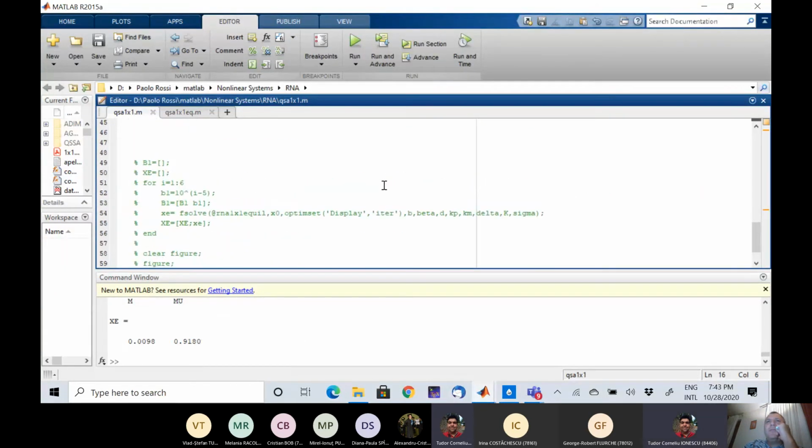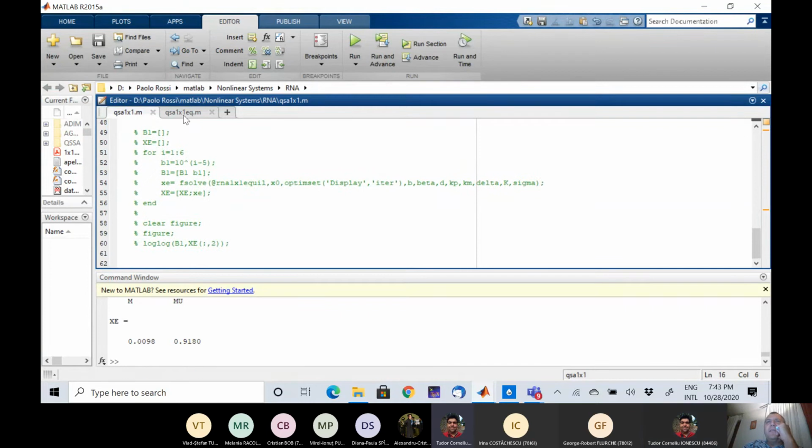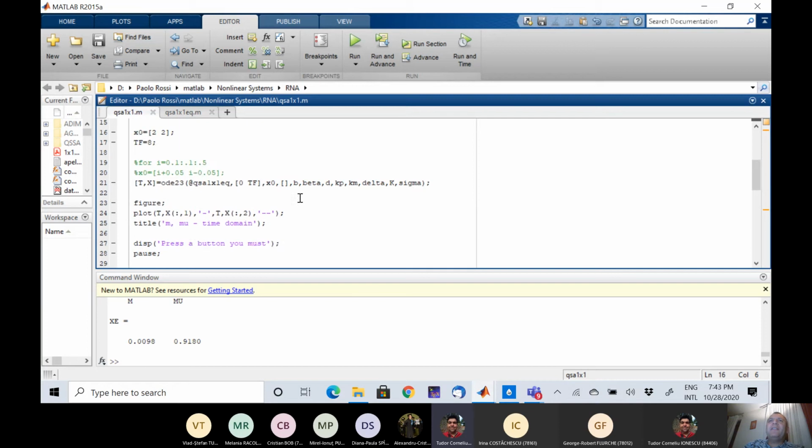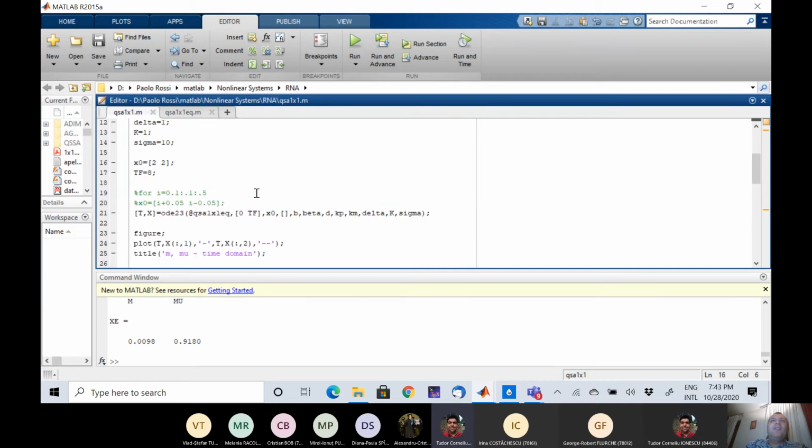You see what I have written here. I have taken several values for the parameter b, and I have plotted equilibrium points depending on b. Or you can plot trajectories for different initial conditions, as I did here, for i going from 0.1 to 0.5, so I have 5 values.